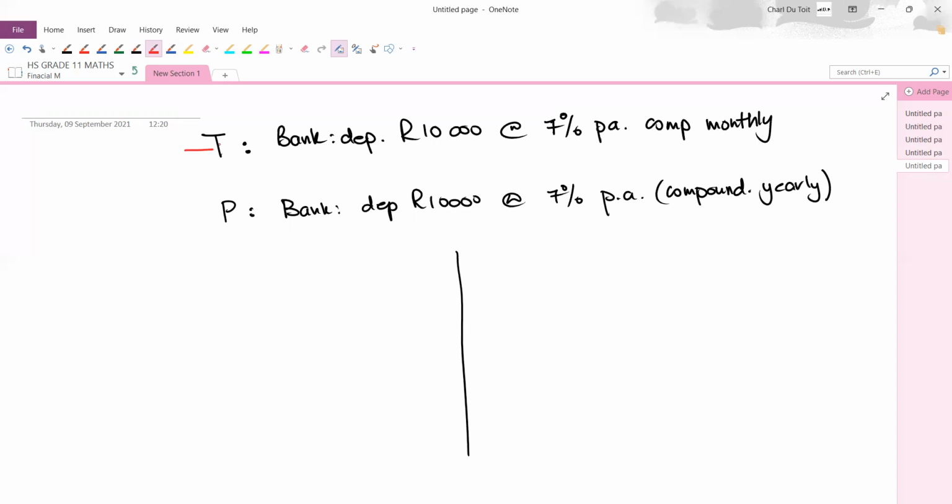Let's work out Tatu's in blue, and Peter's in red. I want to know, how much do each of them have? What would their balance be after 5 years?